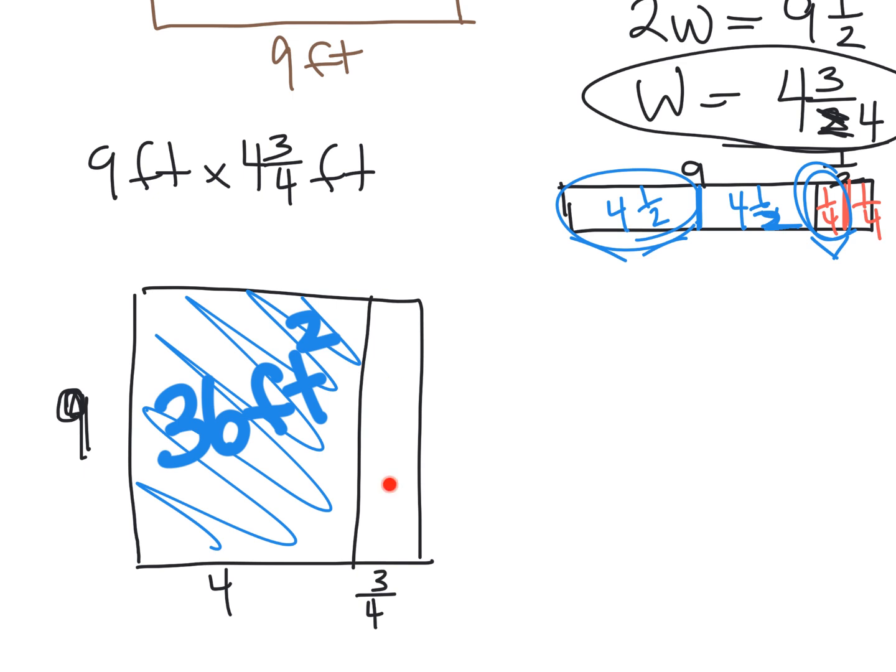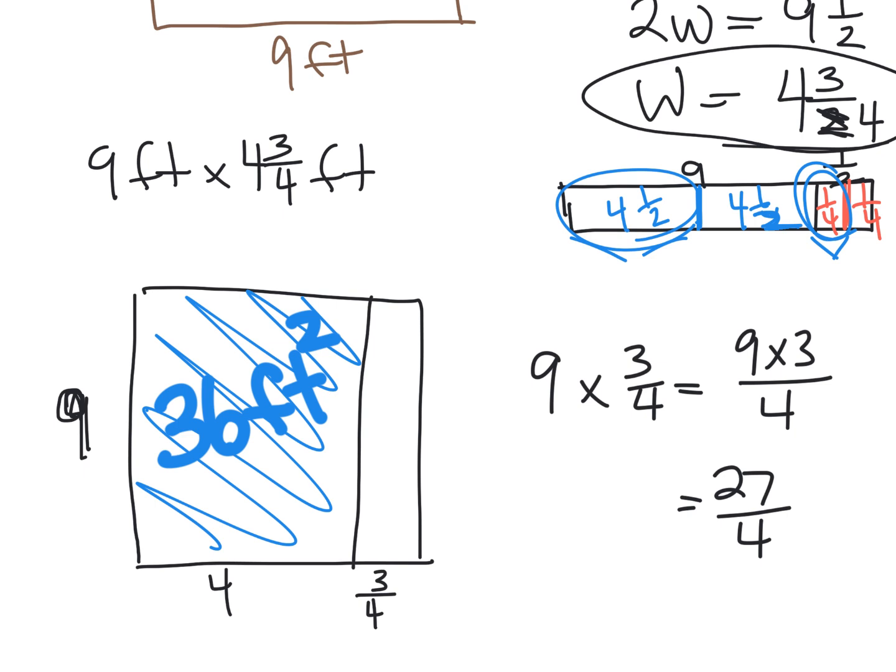Oh my goodness, what would that look like? Well, a way to think of it is I'm going to have 9 copies of the 3/4. And so that means I'm going to have 9 times 3/4, which is 27/4. And that 27/4 is equal to 6 3/4. So that means this area right here is 6 3/4 feet squared.